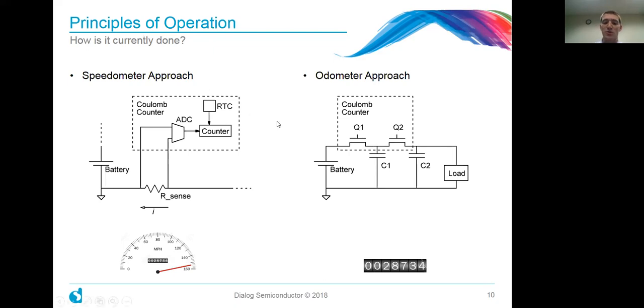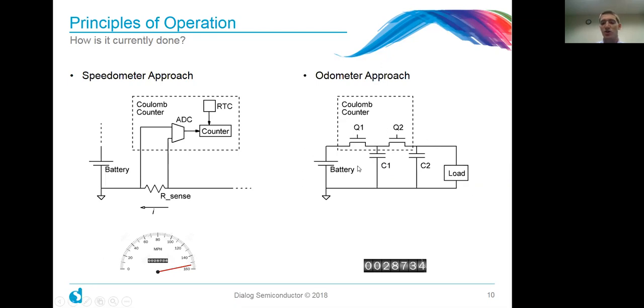Now the odometer approach is a little bit different. The odometer approach is going to have a cap in the middle between the battery and the load, and it's not going to let any charge pass directly from the battery to the load. It's going to use these FETs to never let that happen. But what it does in essence is it captures the charge that passes through this C1 and counts the amount of charge that gets passed from the battery to C1 and from C1 to C2.